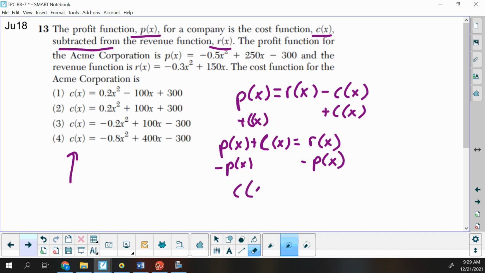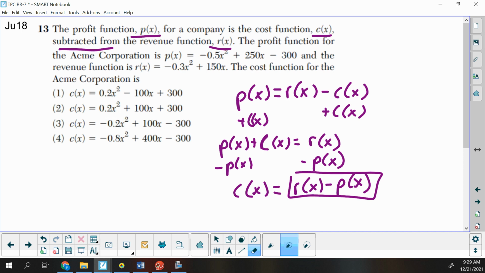So we'll have C of X is our revenue function R of X minus P of X. And that guides us as to what we want to do. We're going to do R of X minus P of X to figure out which one is correct.